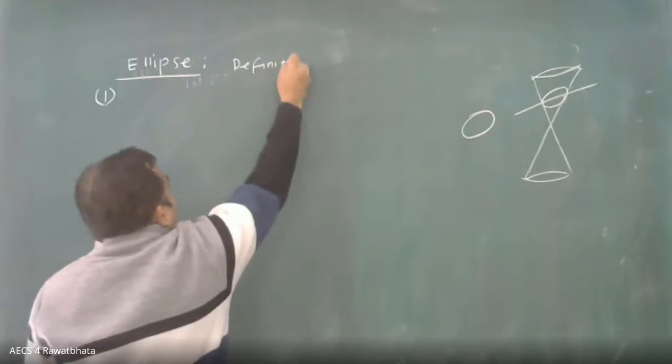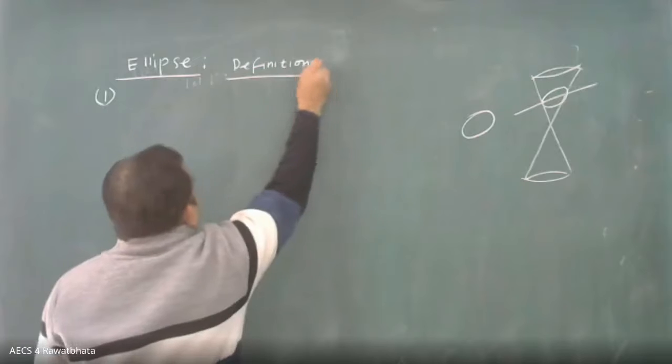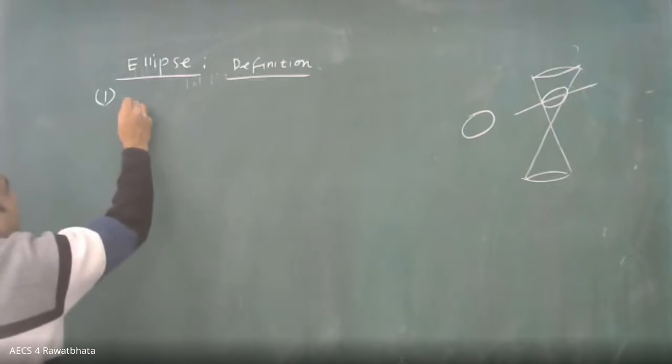The first manner will be from the general definition of conic section. It goes like this.